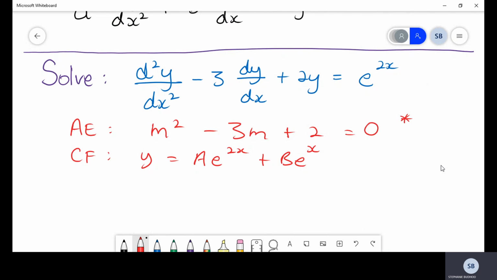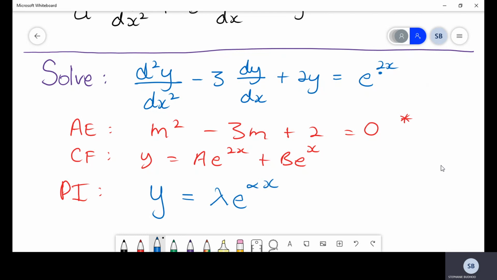For any type of exponential function, our particular integral should essentially take the form y is equal to lambda e to the whatever power we have been given in our right-hand side. I'll call that alpha.